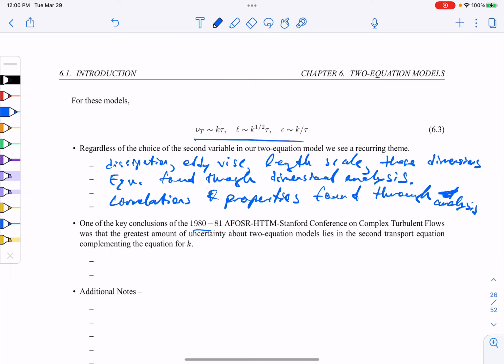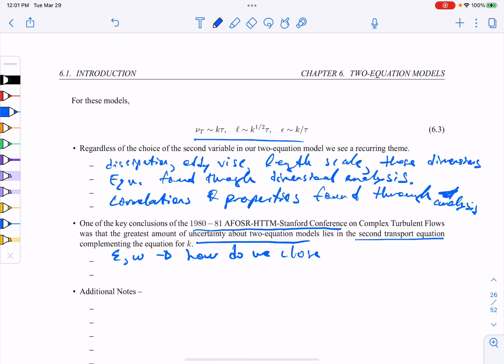I've mentioned this Stanford conference before, between the Air Force, where they assessed a large number of models. Most of the models that people brought to be assessed were two-equation models. And a lot of the uncertainty in modeling is in the second order, or the second equation. So if it's epsilon or omega, how do we close the models?